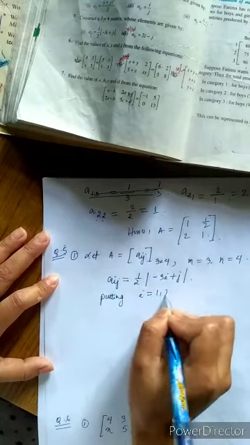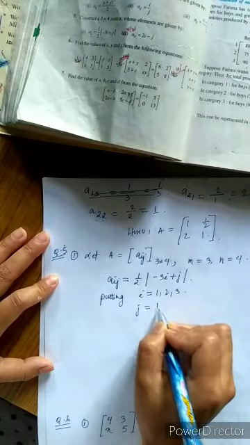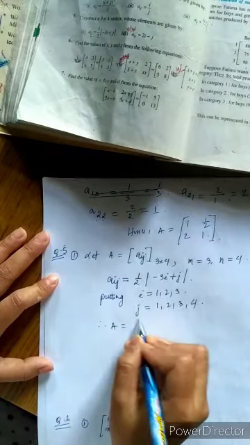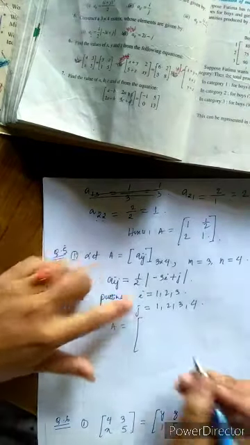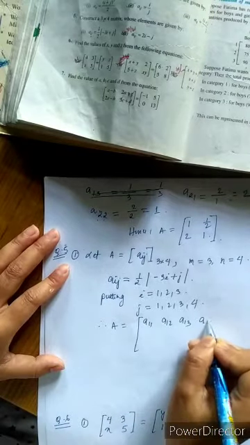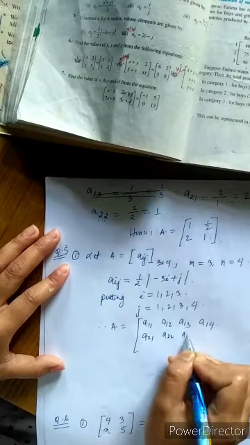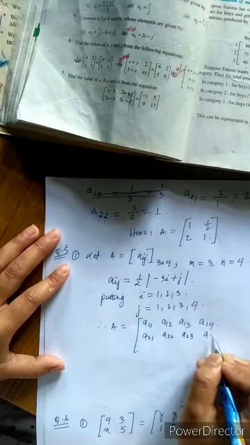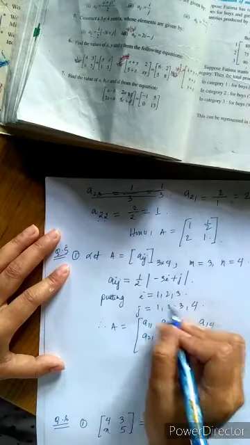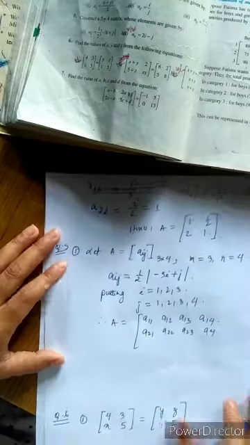Putting i is equal to 1, 2, and 3, and putting values of j as 1, 2, 3, and 4, matrix A will have first row a11, a12, a13, a14. Then second row a21, a22, a23, and a24.